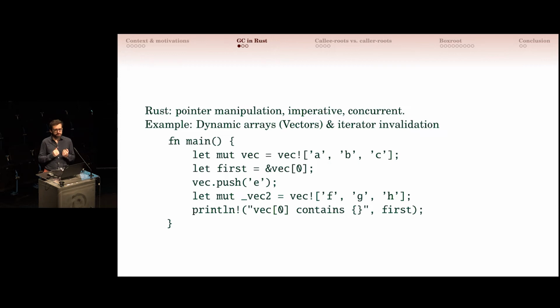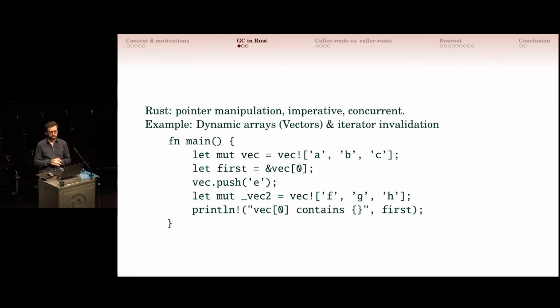What is the basic idea to implement a GC in Rust in a safe way, to express the discipline of a GC in Rust? Essentially, we want to see this as the same thing as vector allocation, where when you add an element at the end, it can move the vector.